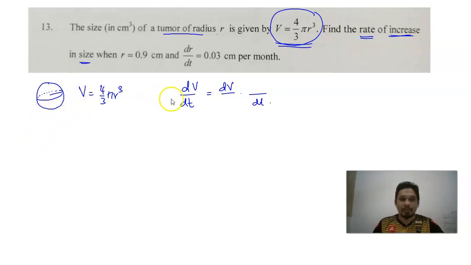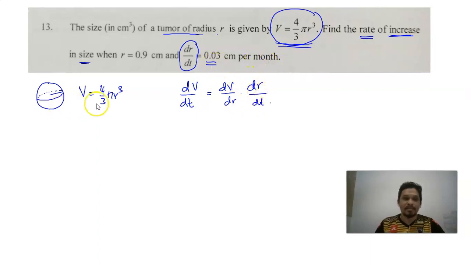Okay, now it's mentioned here, find the rate of increase in size or volume here, given that dr/dt is 0.03 centimeter per month. So we're going to find out what dV/dr is here. dV/dt: dV changes with respect to the radius, and the radius changes with respect to the time, per month.